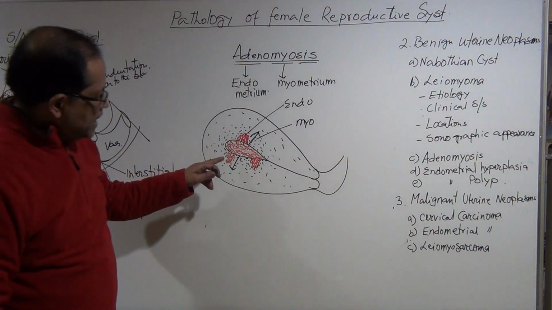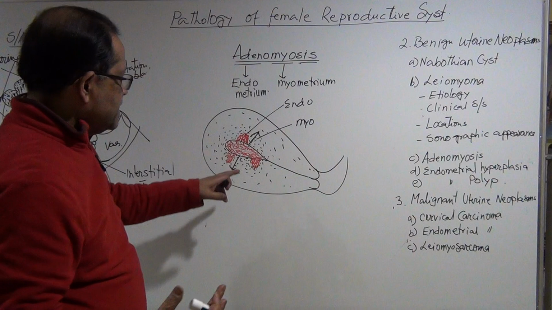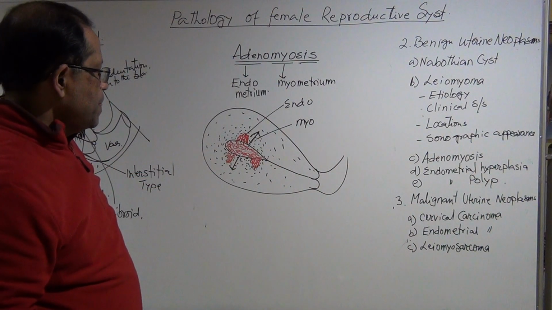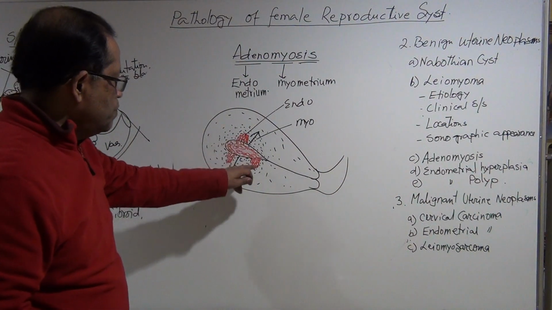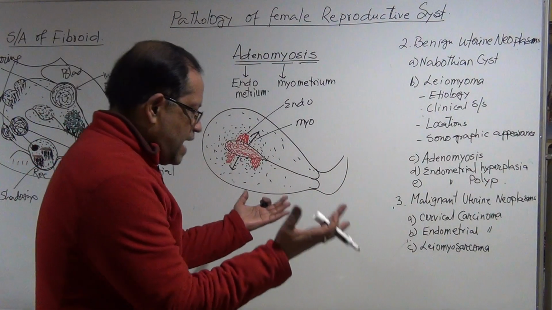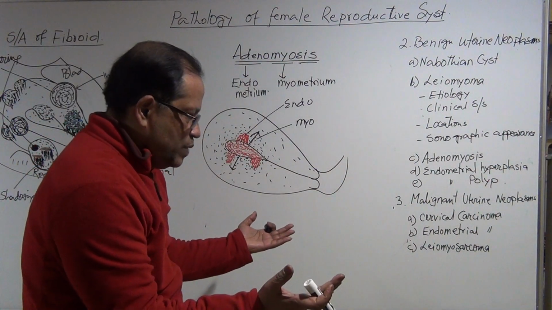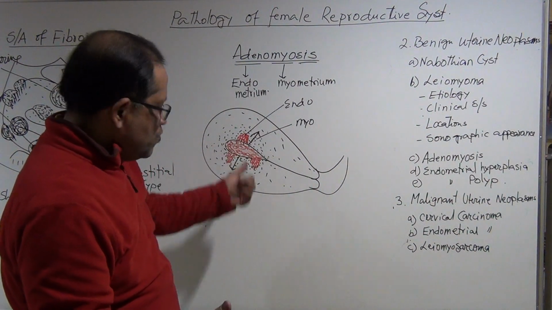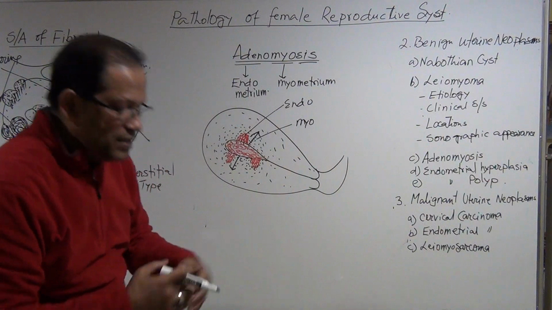And as we know that endometrium is more bright sonographically than the myometrium, so it will be more bright area inside the myometrium while you will be scanning, and as you know that this endometrium will bleed every month.